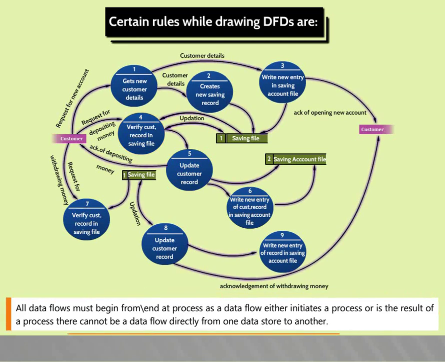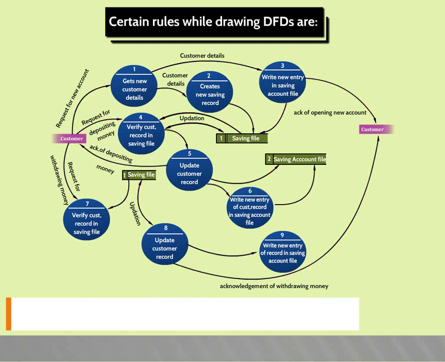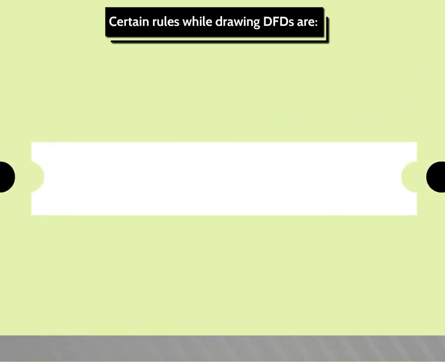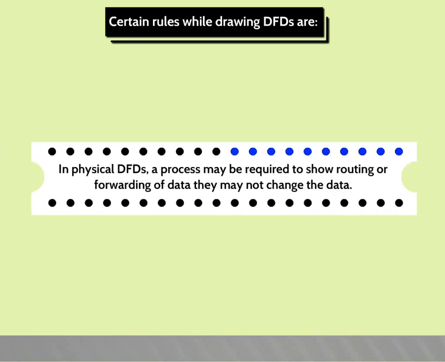All data flows must begin or end at a process, as a data flow either initiates a process or is the result of a process. There cannot be a data flow directly from one data store to another. In physical DFDs, a process may be required to show routing or forwarding of data that may not change the data.